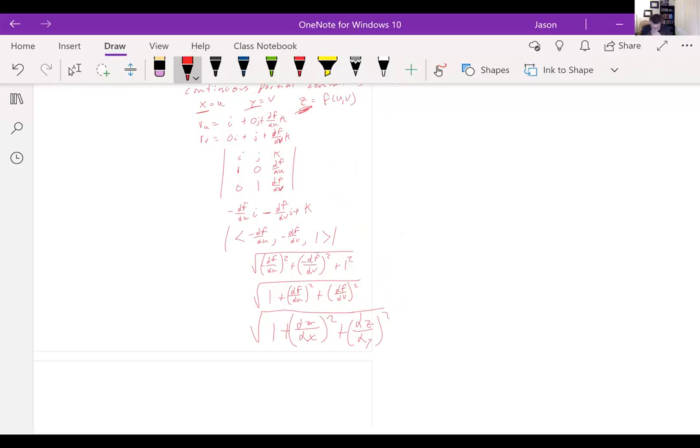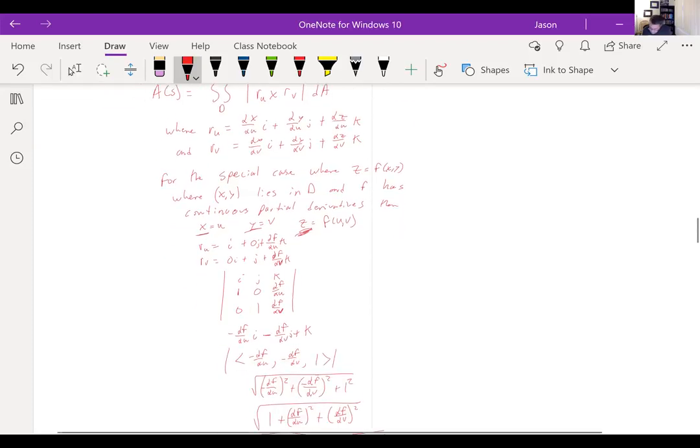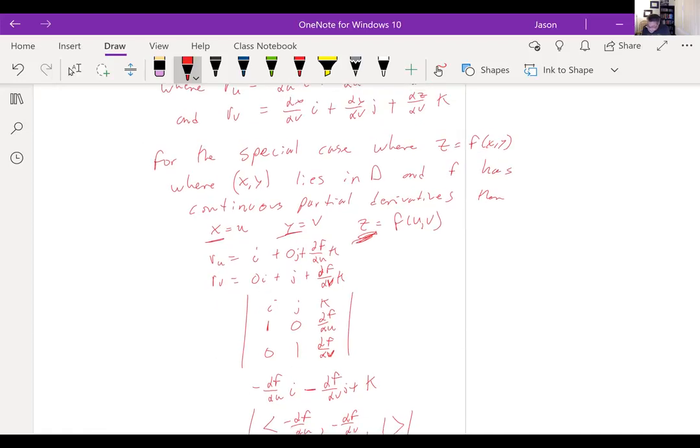Which is very similar. And what is this going to be equal to? The double integral over D of dS. So that's what this is equal to for the very special case when z equals some function of x and y.